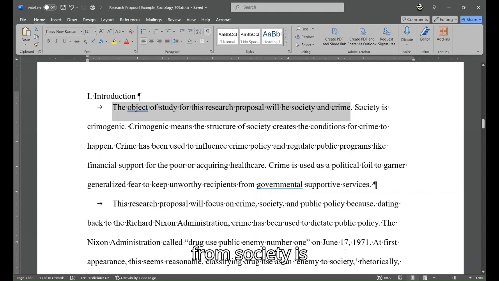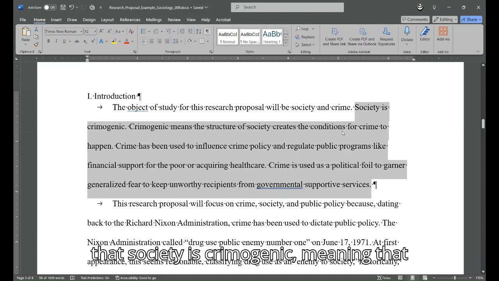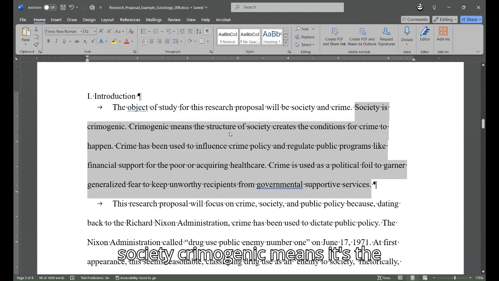And then from society all the way up to the end of the paragraph is explaining the imagery that society is crimogenic, meaning that the structure of society creates the conditions for crime to happen.